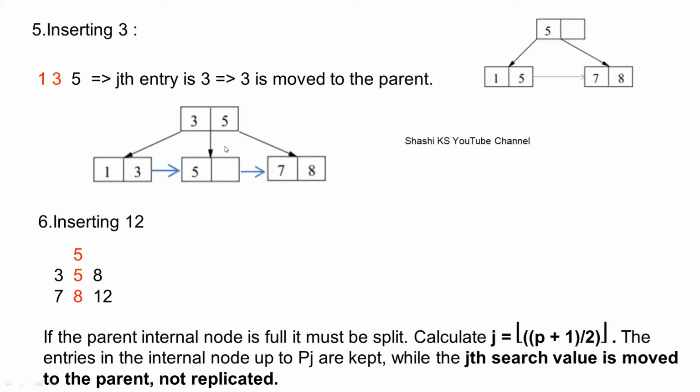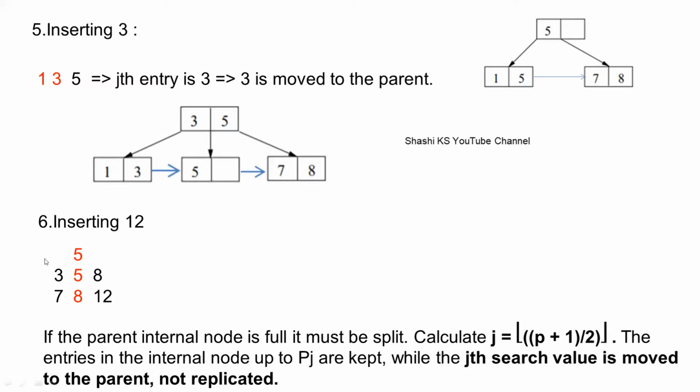That means when I'm splitting 3, 5 and 8, my second search value is 5. 5 has to be moved to the parent node. So there will be 3 in the original node, and 8 will be moved to a new node, and 5 has to be moved to the parent node, and it is not replicated in this particular node.